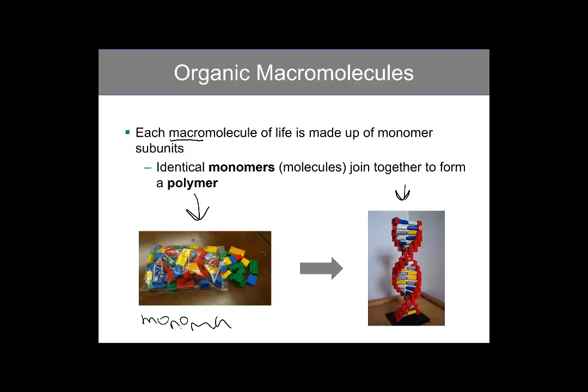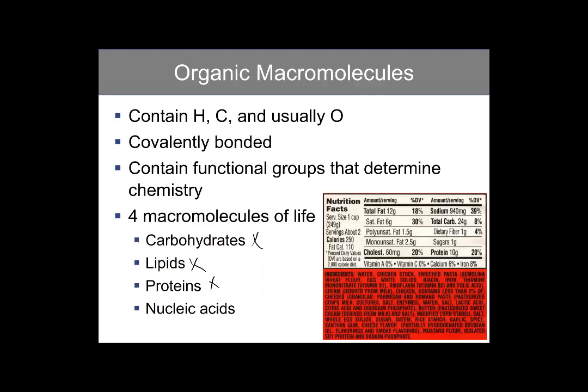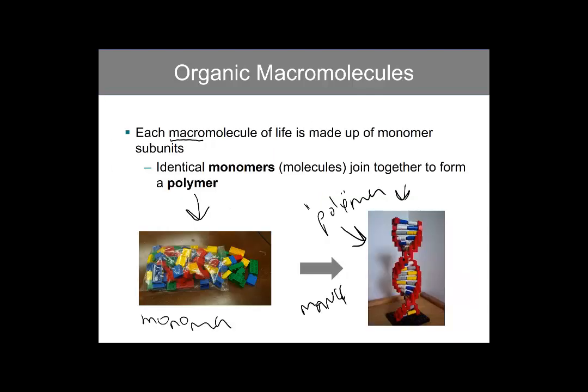When assembled, those monomers form a polymer, and poly refers to many, so many subunits put together. As we start working on these 4 macromolecules of life, the carbohydrates, the lipids, the proteins, and the nucleic acids, consider the monomers. What are the monomers of these macromolecules?